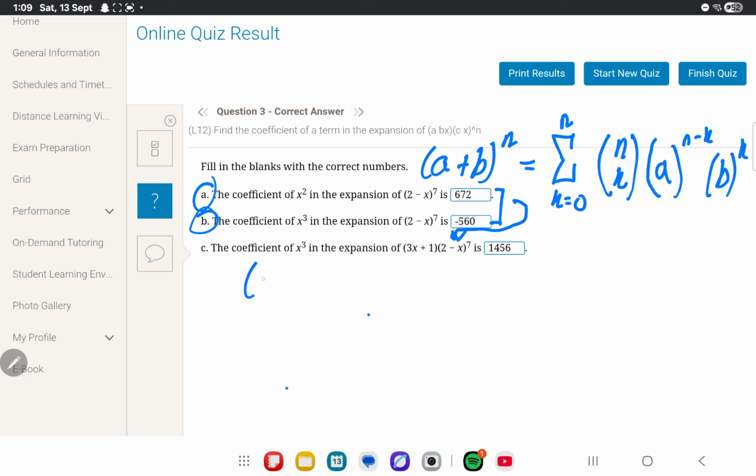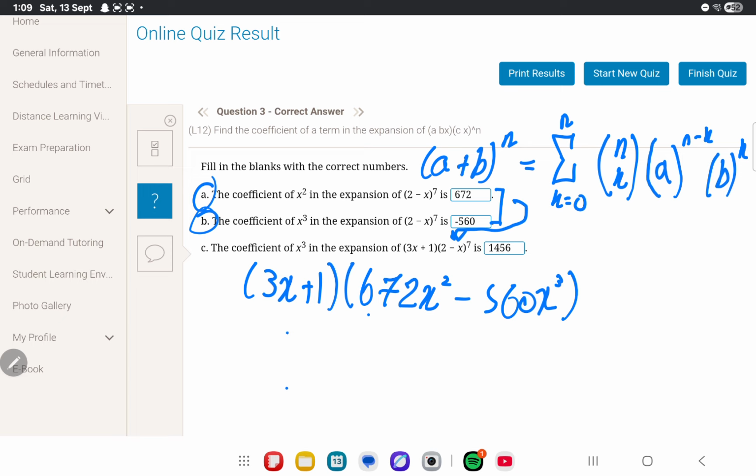So 3x + 1 into 672x squared minus 560x cubed. Now 3x + 1 into whatever this is, we're just going to distribute 3x at the start. So 3 times 672 is 2016.